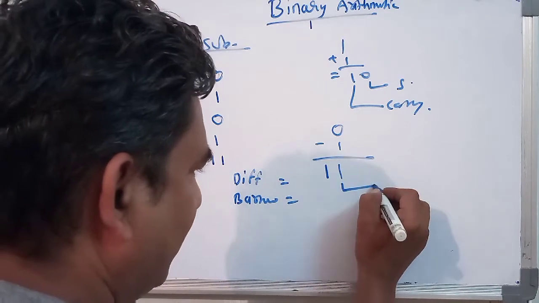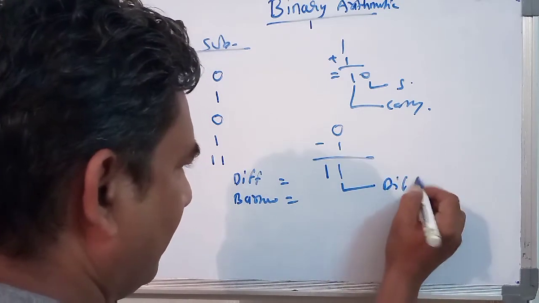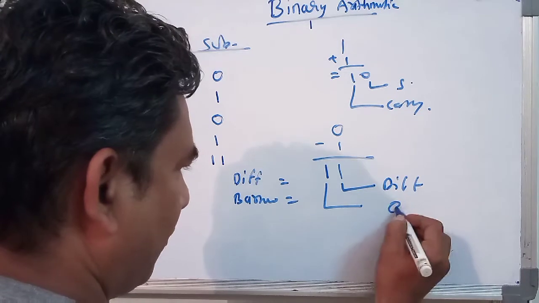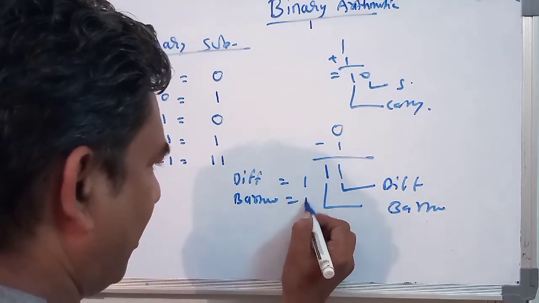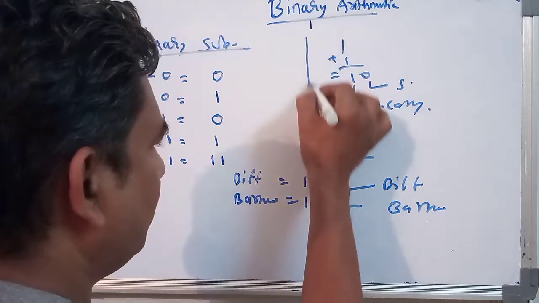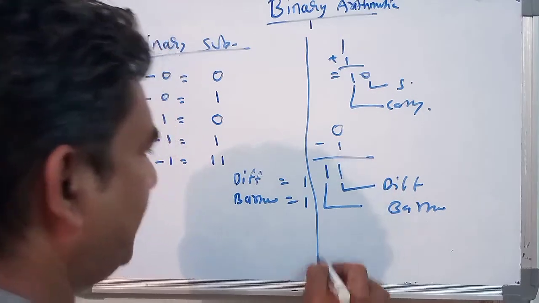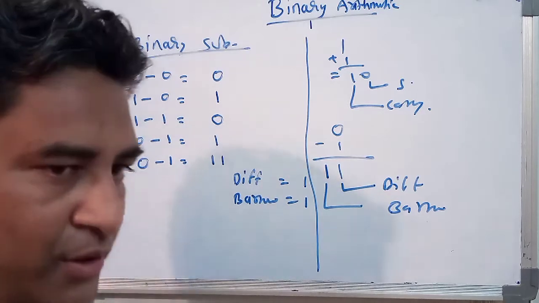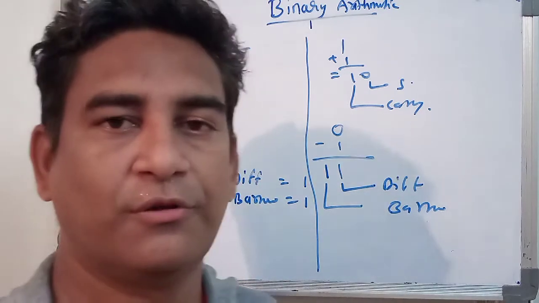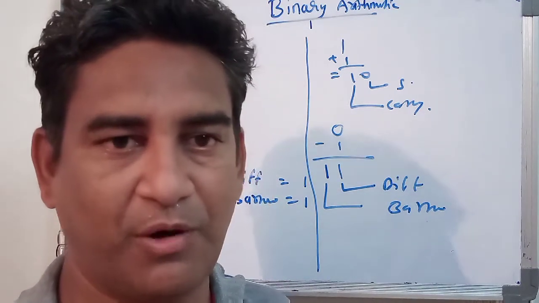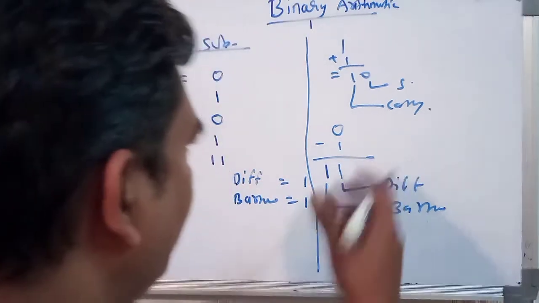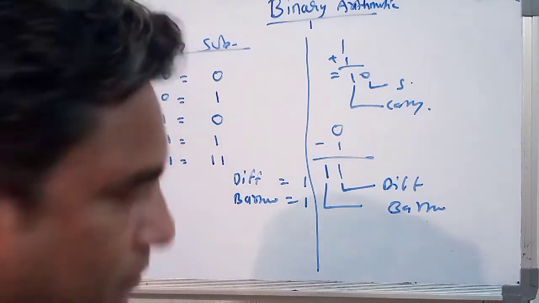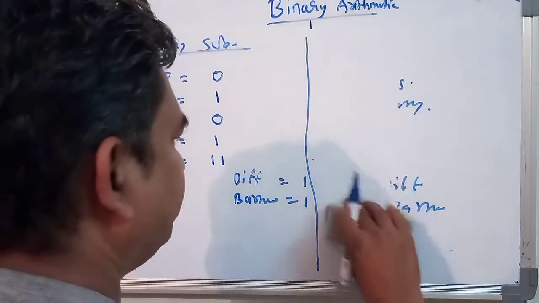So you may say that this is the difference and this is the borrow. The difference is 1 and the borrow is 1. So from these two, the addition and the subtraction, the same type of problems is going to be asked in the examination also. Okay, students. Now we will see the example of the subtraction.